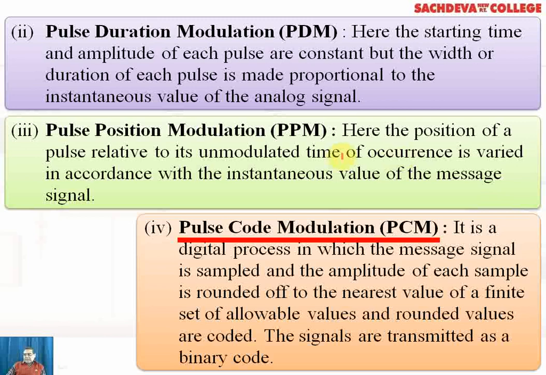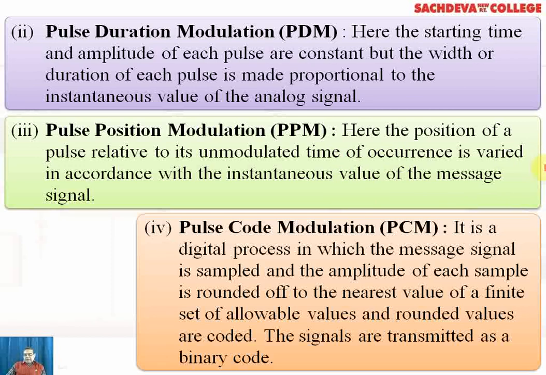Now pulse code modulation, that is PCM, is a digital process. It means pulses move in a digital way; digital signals are made to propagate.